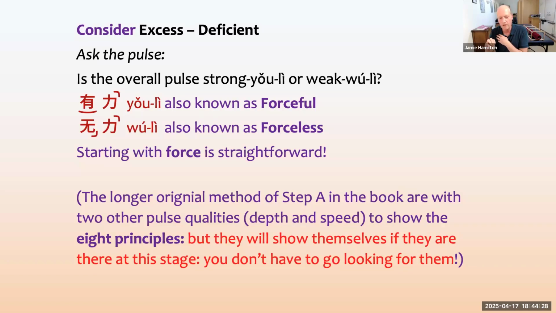And actually the more advanced method of this step A is where you're open to any quality arising in this very early stage of the method. So it might be that as you're going about sensing forceful or forceless, you might think, wow, I don't know if they're forceful or forceless. I'm just feeling it's slippery. And you just have a really clear sense that it's slippery.